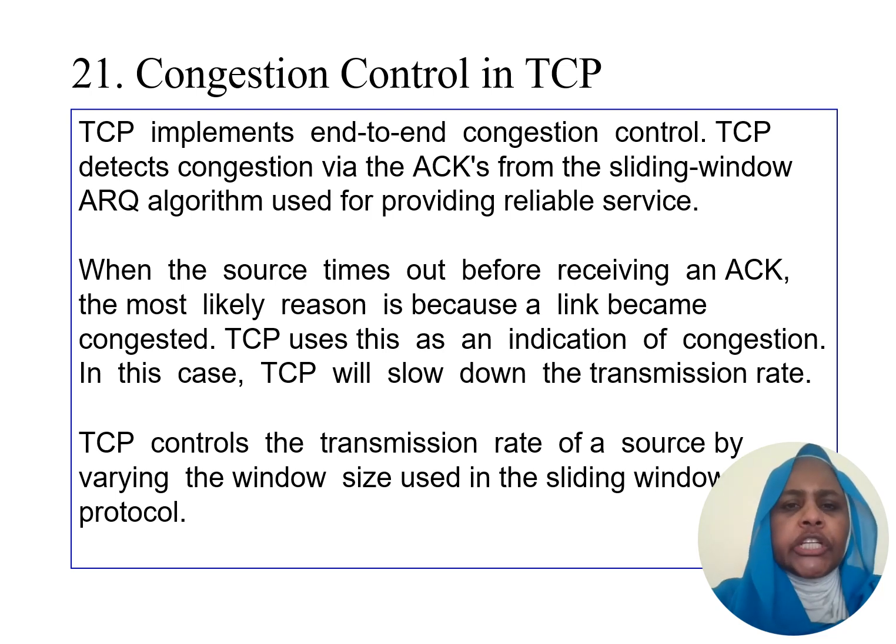It detects congestion via acknowledgements from the sliding window, used for providing reliable service. When the source times out before receiving an acknowledgement, most likely the reason is congestion. TCP uses this to indicate congestion and slows down the transmission rate. TCP controls the transmission rate of a source by varying the window size from the receiver.